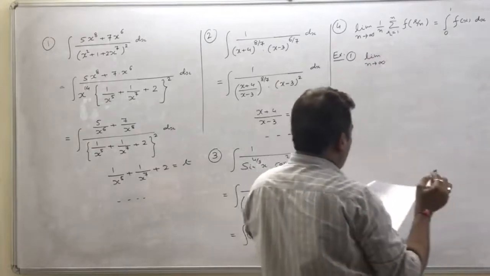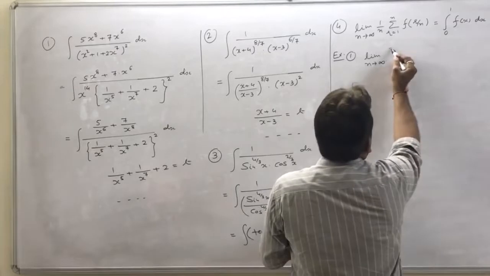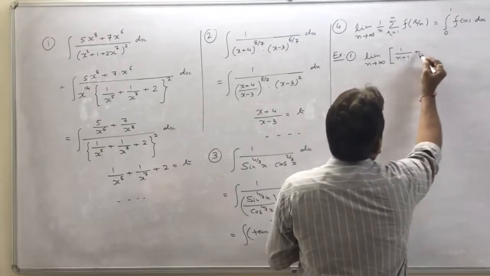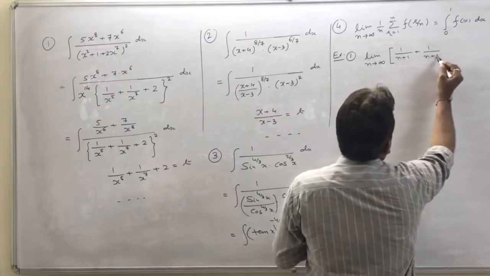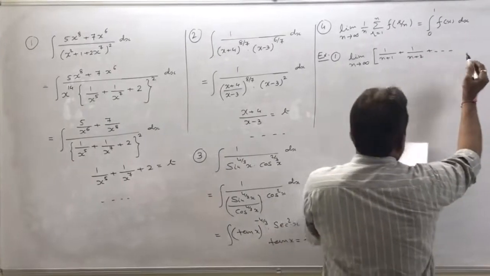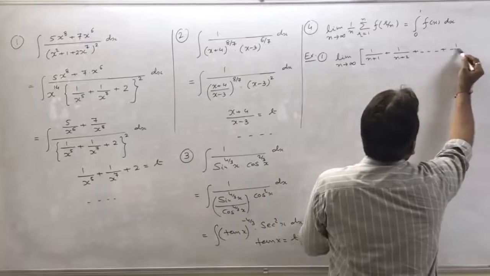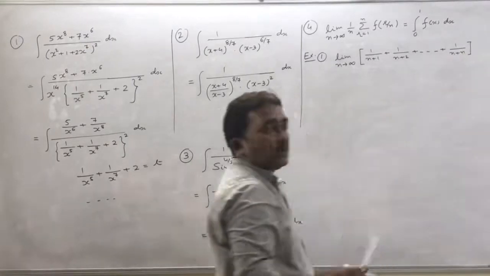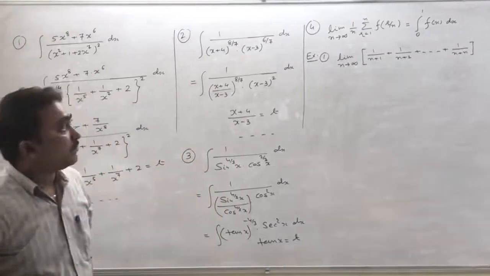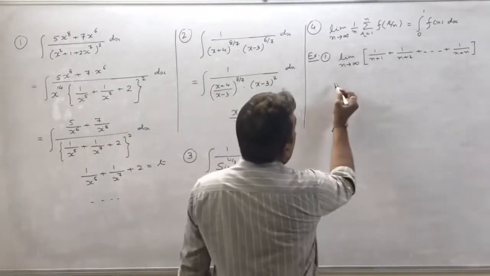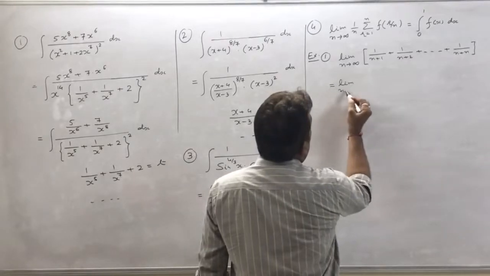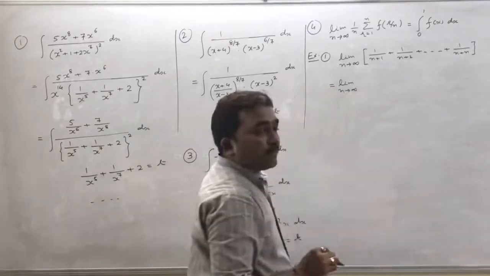Find out limit n tends to infinity of 1 upon n plus 1 plus 1 upon n plus 2 plus up to 1 upon n plus n. If question is this, we start in this way. Limit n tends to infinity.